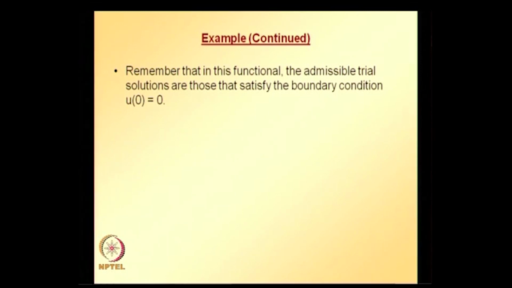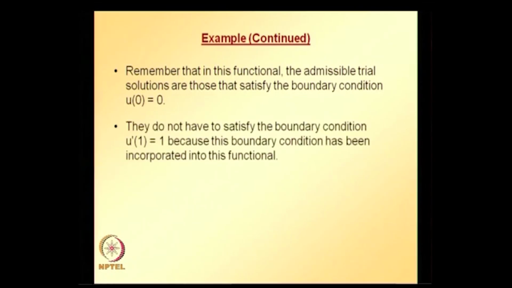Remember that in this functional the admissible trial solutions are those that satisfy the boundary condition, that is u evaluated at x is equal to 0 is 0. They do not have to satisfy the natural boundary condition, that is derivative of u evaluated at x is equal to 1 is 1, because this boundary condition has been incorporated into the functional.